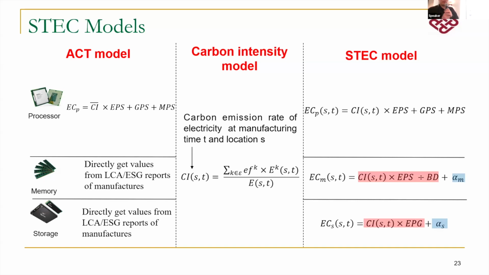As for the memory and storage, the STACK can also calculate the carbon from electricity as this red block shows, which is with spatial temporal property, and the carbon independent of electricity as the other block shows, which is without spatial temporal property.